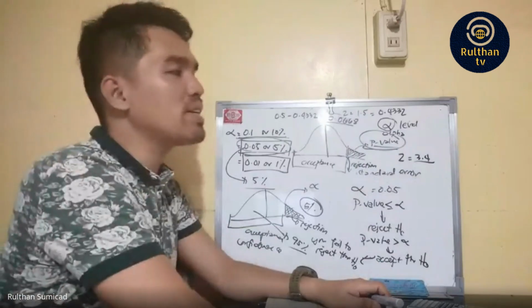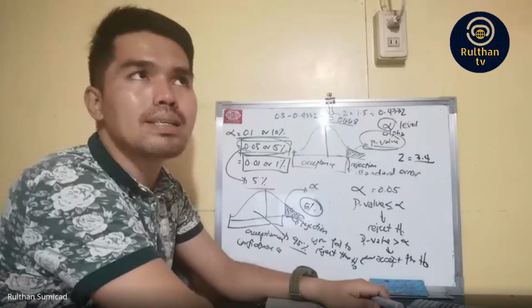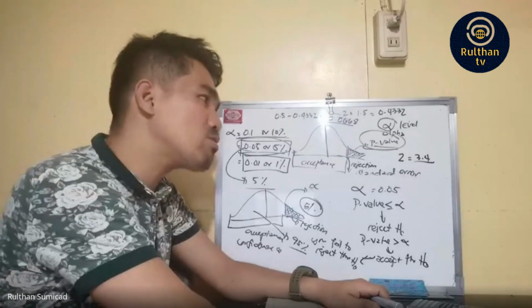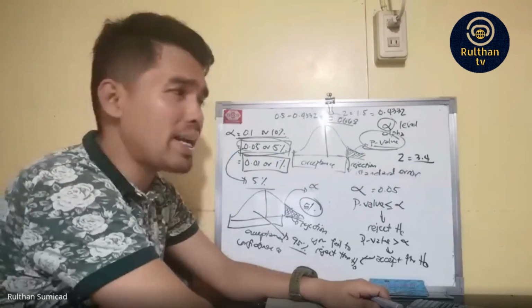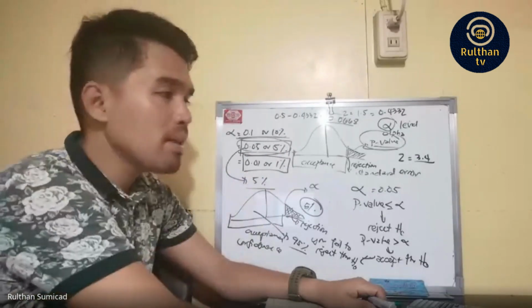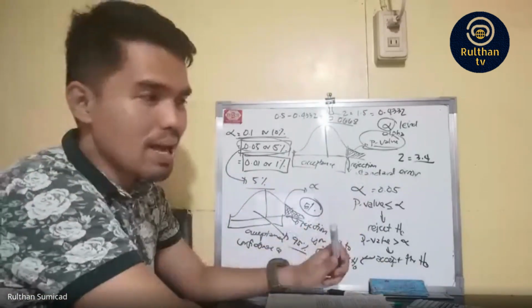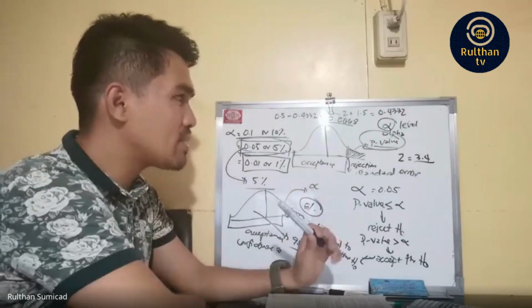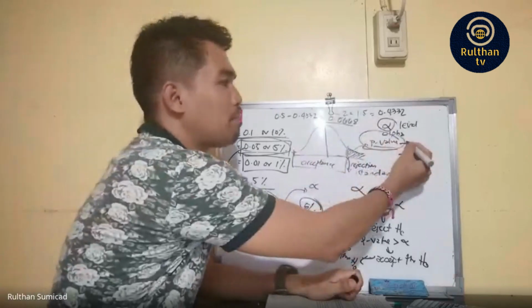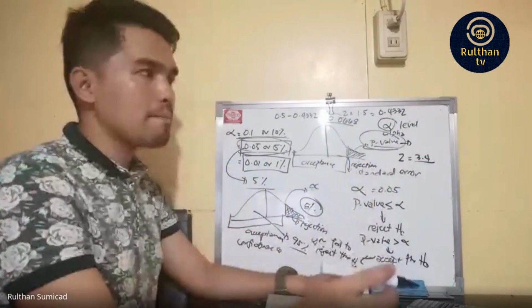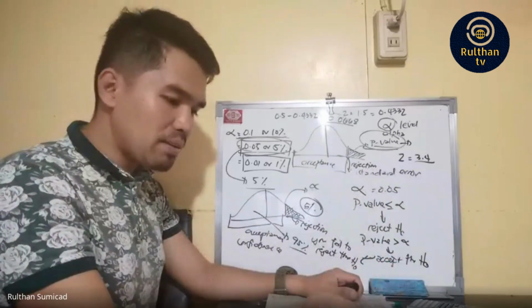But what about if your z value is z equals 22? Now, if it equals 22, that's already very, very far. That's very, very small already, smaller than the alpha. So how do you report the result? Because, of course, you have to get the p-value. Our p-value here earlier, what was the p-value earlier?